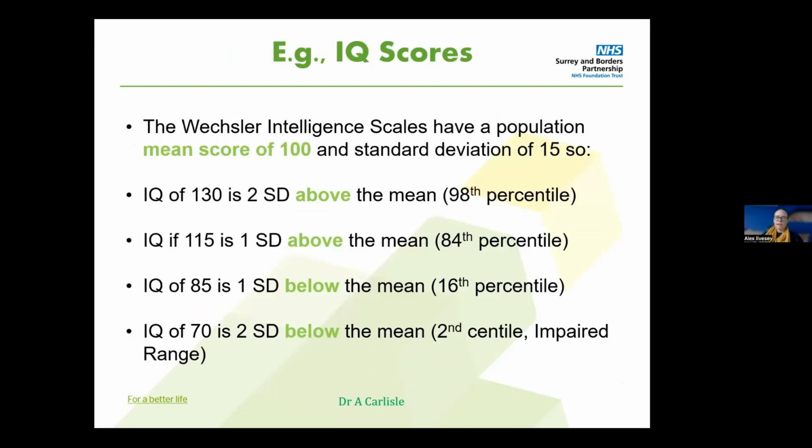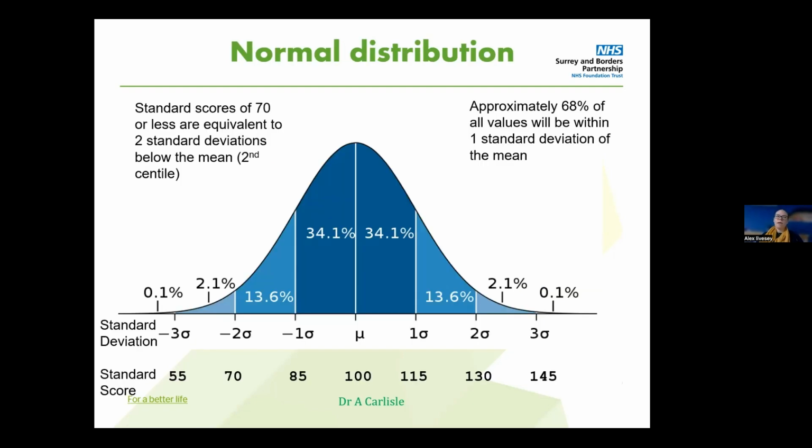Alex, can I just quickly butt in there? You may also come across scale scores, standard scores, percentile scores, even Z scores sometimes, and ultimately, they're all measuring the same thing. It's a way of transforming a raw score from a test or a questionnaire, which could be anything, between 1 and 100 or between 1 and 1,000, into a standard score, which means you can compare it to the general population.